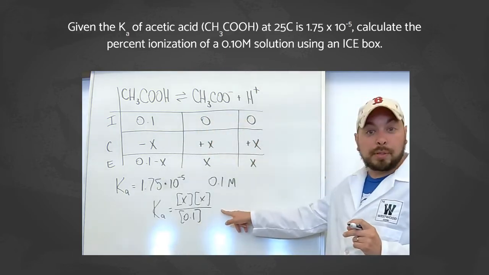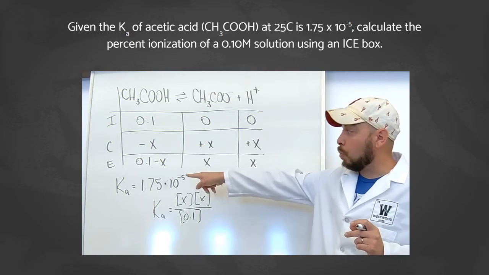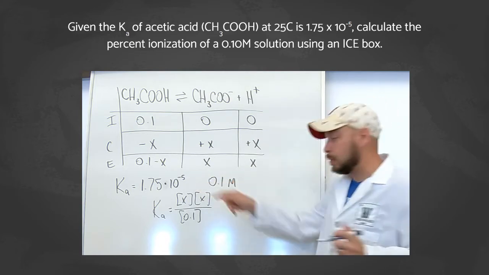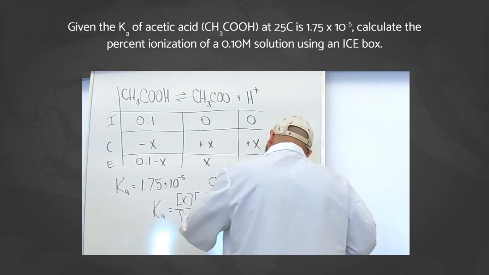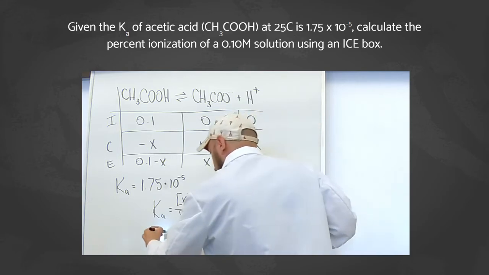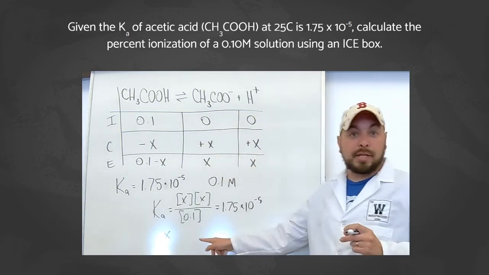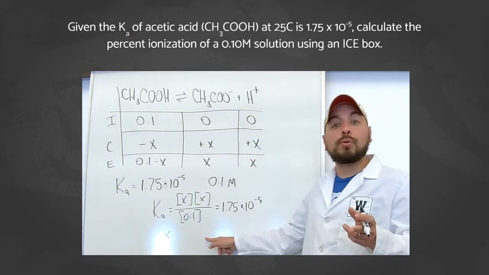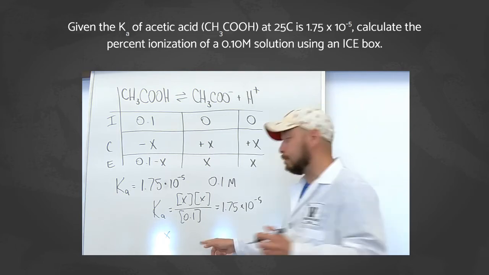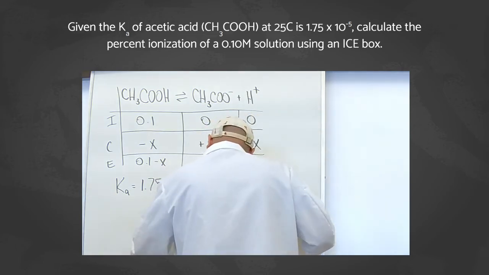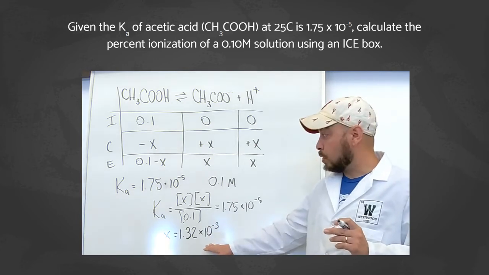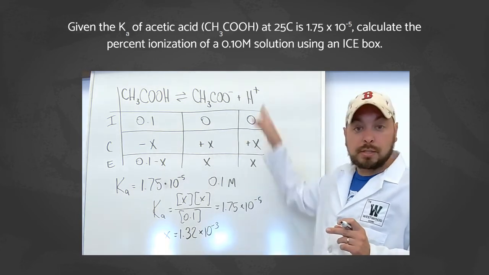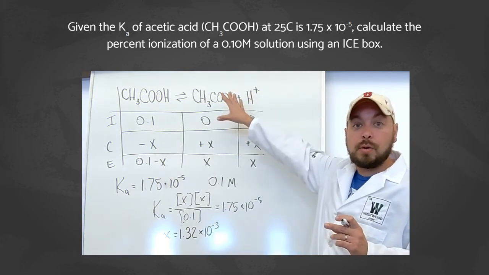Set up my equilibrium expression. My Ka is 1.75 times 10 to the negative fifth. That means my X value is 1.32 times 10 to the negative third. So that's going to be my concentration of H plus and of my CH3COO minus.